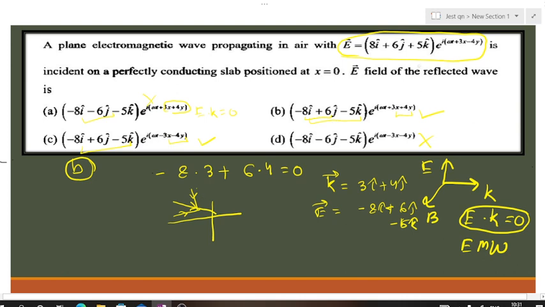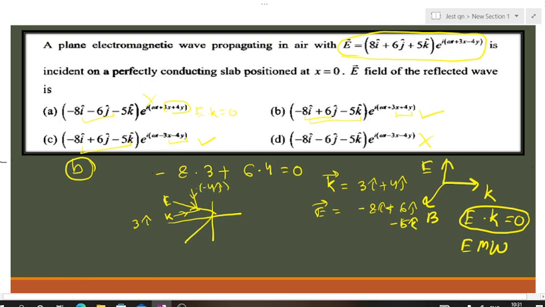The incident electric field has this propagation direction, which is 3 i cap minus 4 j cap.